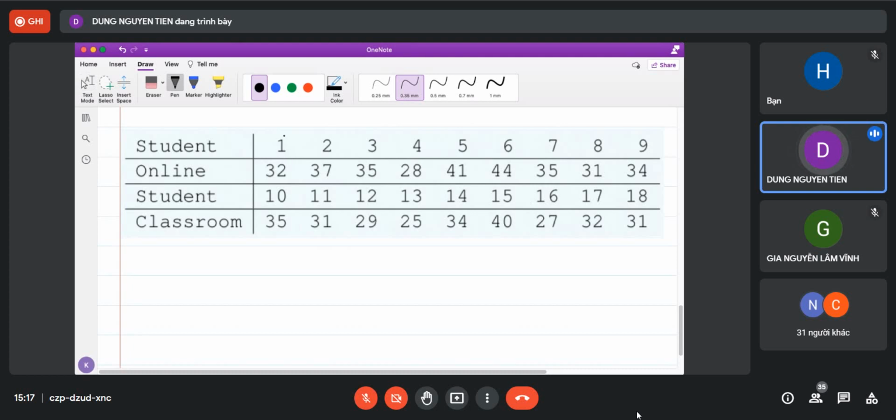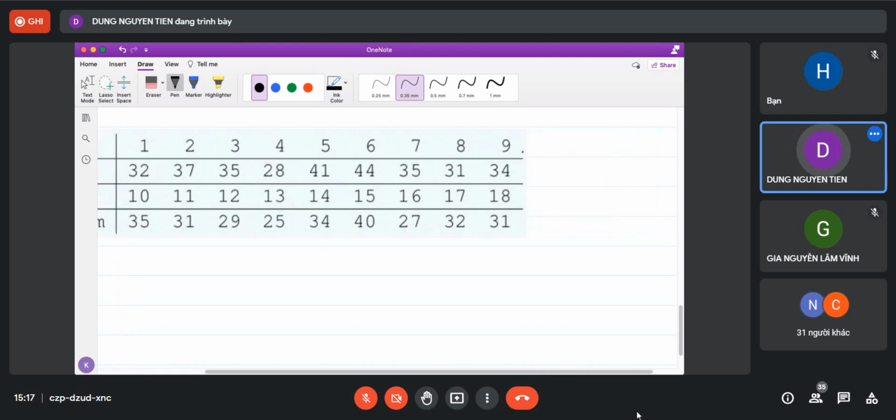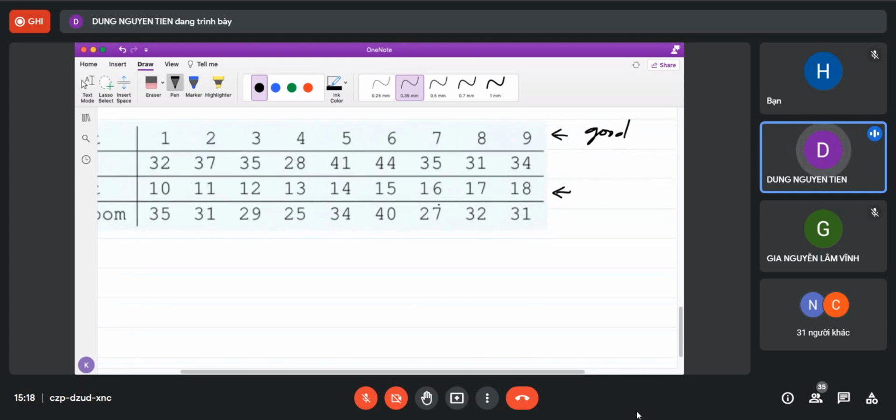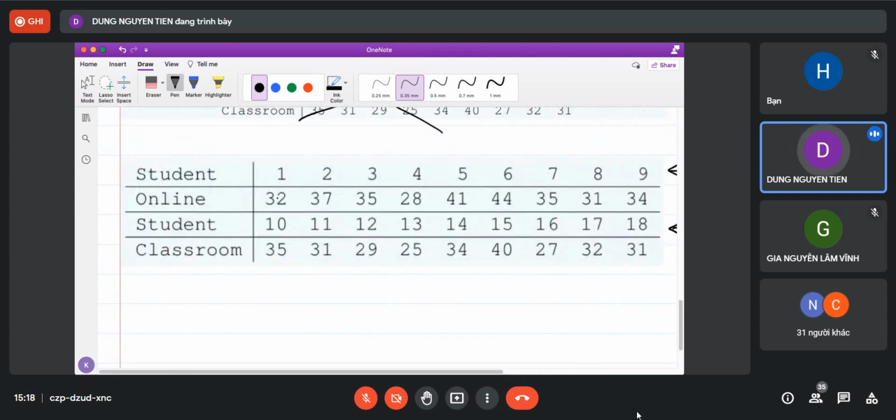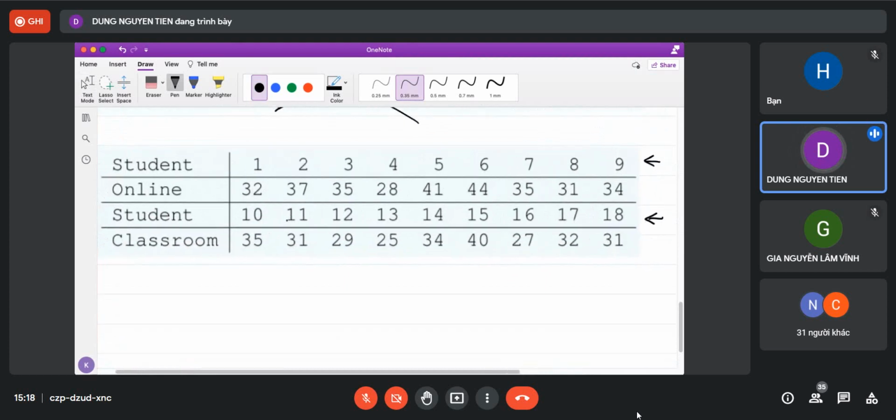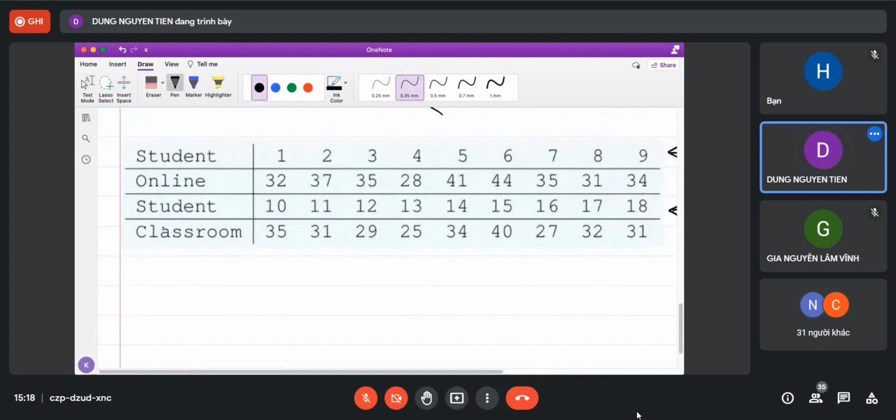you select very good students, good profile students, for the first group, and worse profile students for the second group. So when you compare the scores, you may see that the average score of the second group is greater than that of the first group.